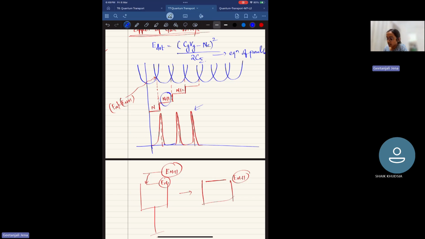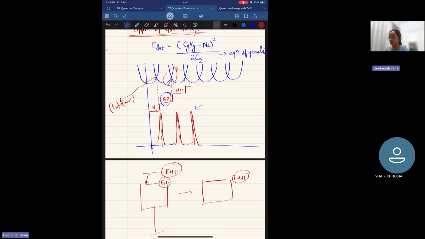But when the energy hits this charge degeneracy point, the point here, then the energy of the adjacent levels n plus 1 and n plus 2 are equal. So it's possible to see the charge carrier in the n plus 1 state or in the n plus 2 state because they have the same energy.